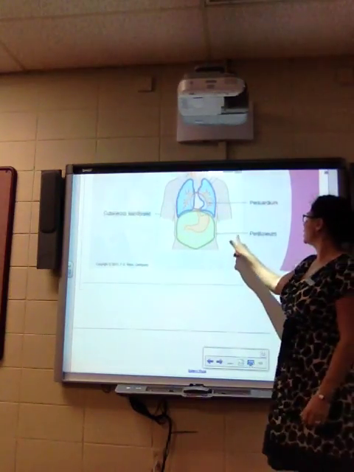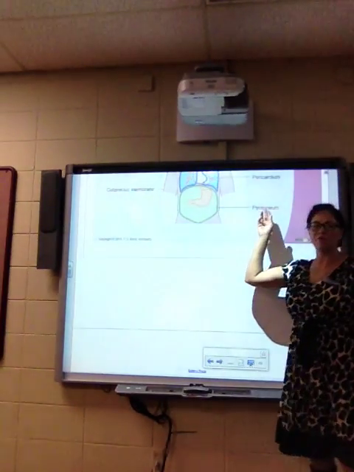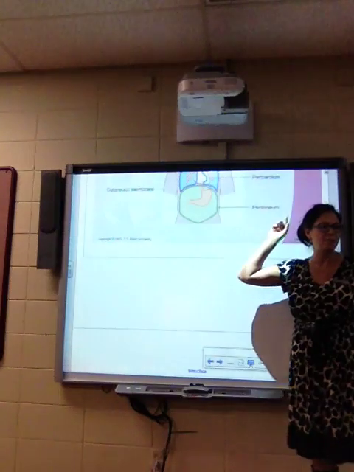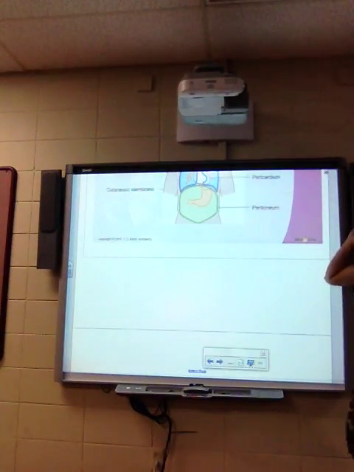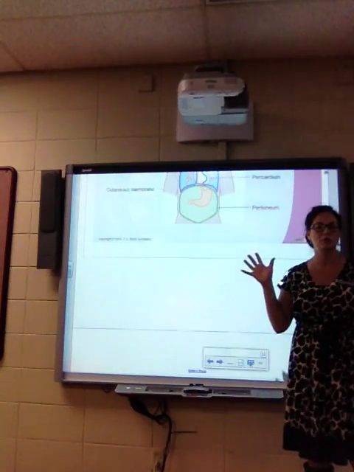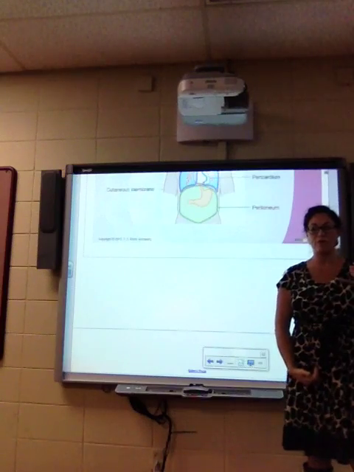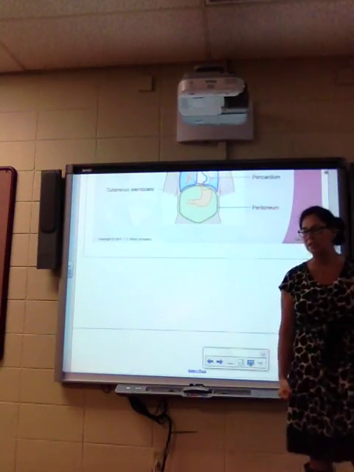The last one is your peritoneum. Have you covered this one in midterm yet? Peritoneum? Okay. This is for my hunters that go and slice open the deer. Any hunters in here? Have you done that? So do you just go way in deep and slit it open?